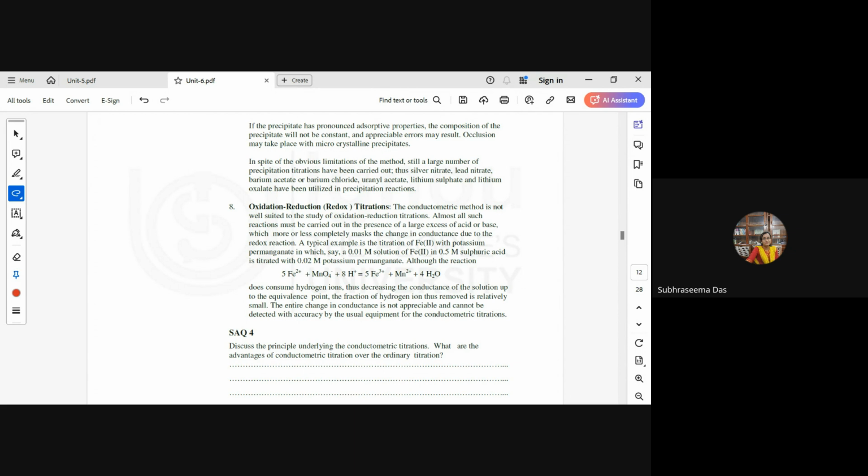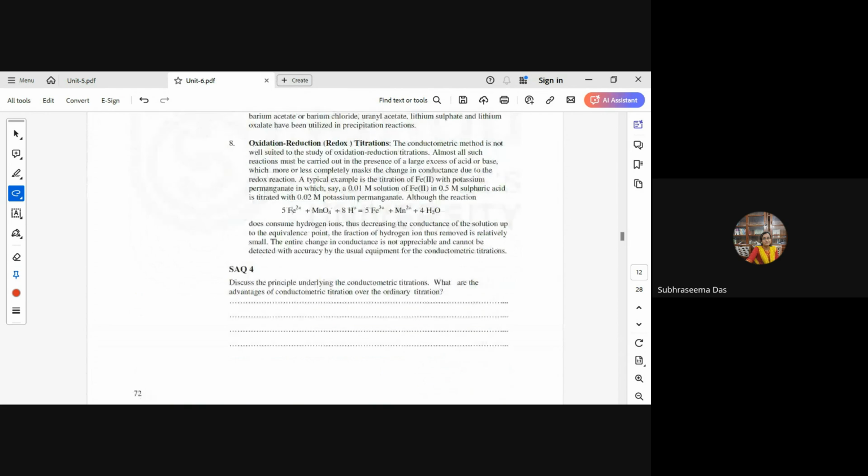Although the reaction proceeds with Fe2+ giving rise to Fe3+ and MnO4 minus being converted to Mn2+, the fraction of hydrogen ions thus removed is relatively small. The entire change cannot be measured with accuracy, and thus redox titrations are not usually applied in conductometric titrations.